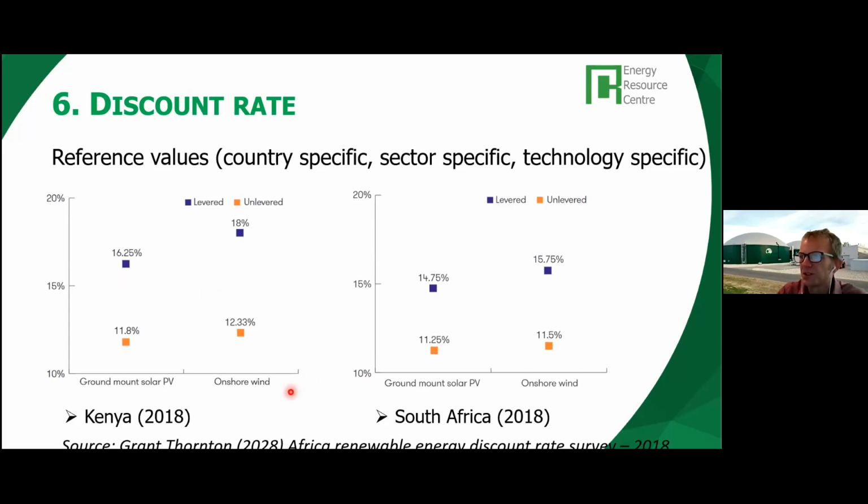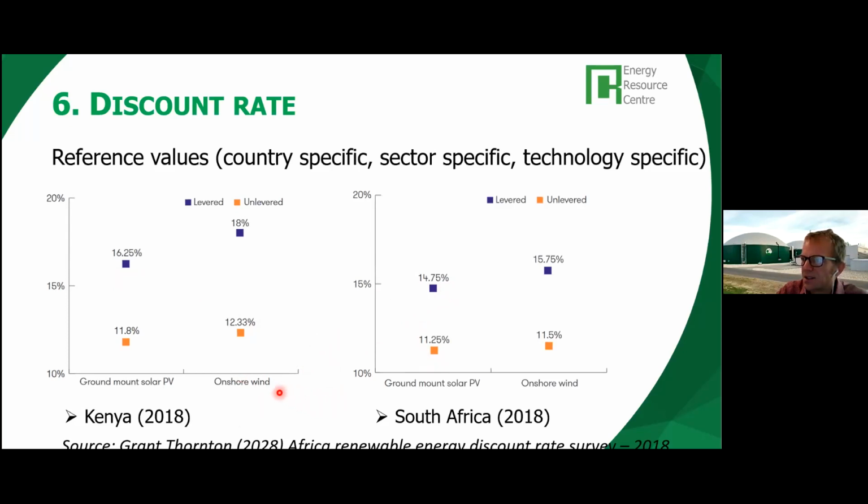What you can see, for example, is that apparently the general rates in South Africa are somewhat lower than in Kenya, which would indicate that the perceived risk of investment in South Africa would be lower than in Kenya.